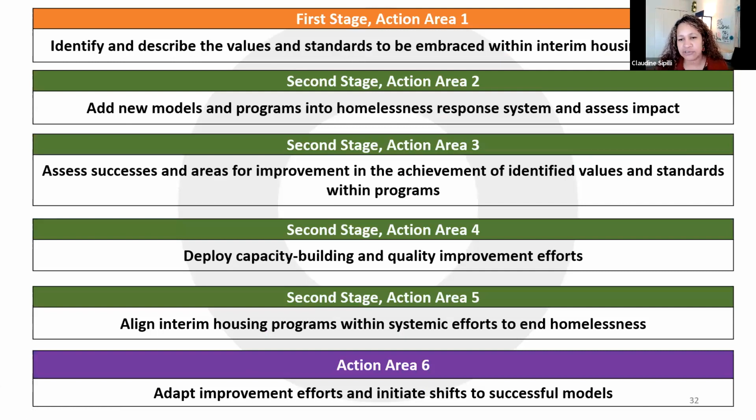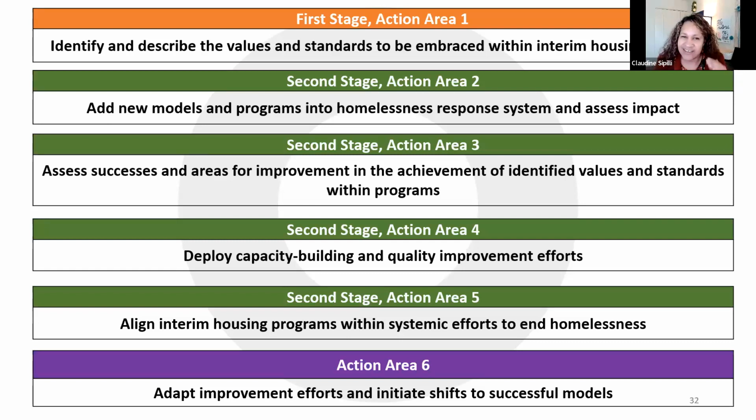In action area 2, adding new models and programs into the homelessness response system and assessing impact, right? So there's a huge burden on all of your systems right now. I feel like every time a PIT count report comes out, it provides this burden and stress on everyone trying to figure out where the funding would be coming from, all of those things.